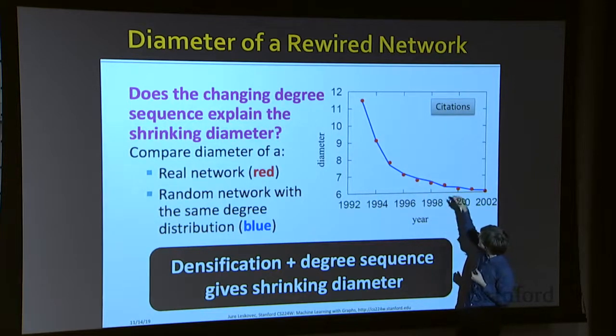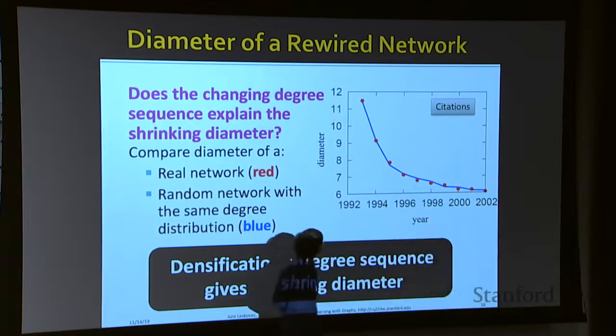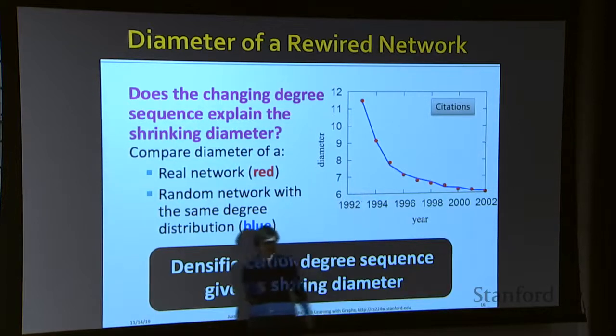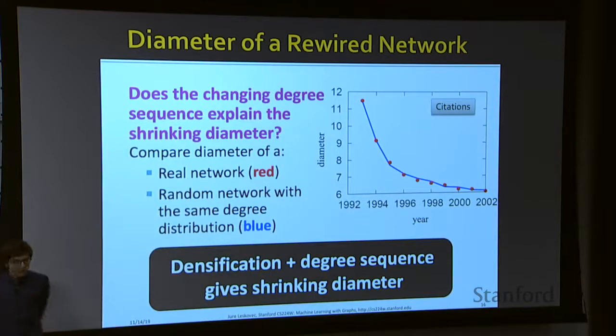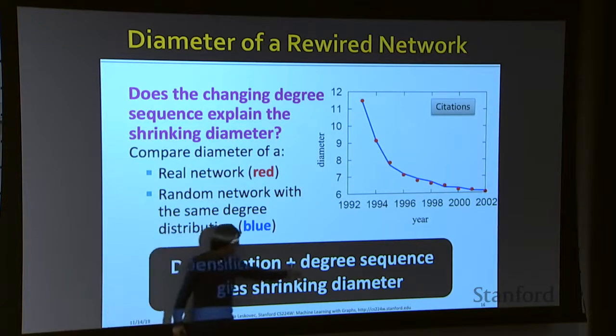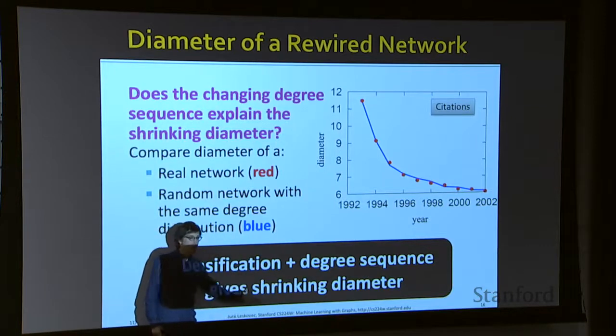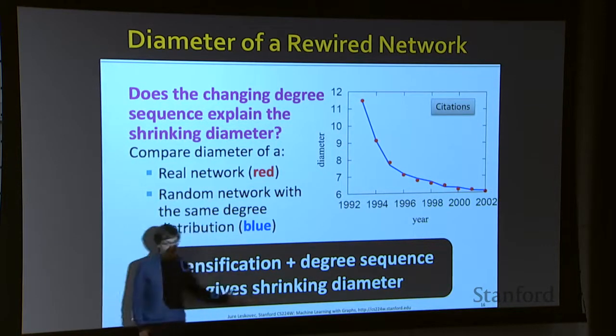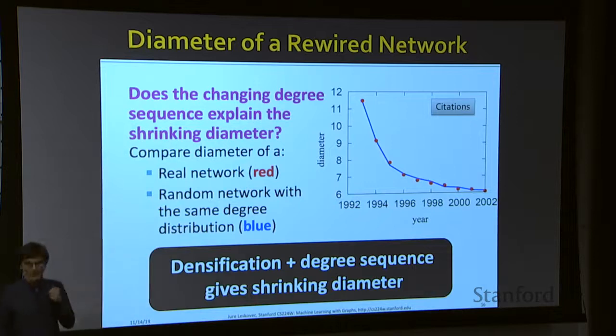And you basically see that the blue line follows the red dots super well. Okay. So what do I learn from this? From this I learned that densification plus the evolution of the degree sequence leads to shrinking diameter. Okay? You guys convinced?